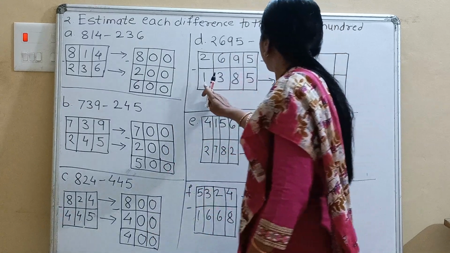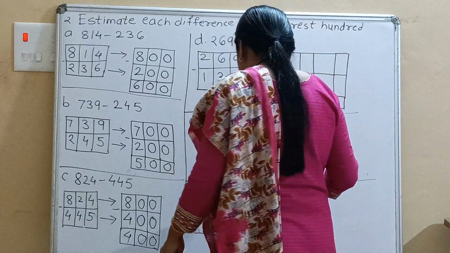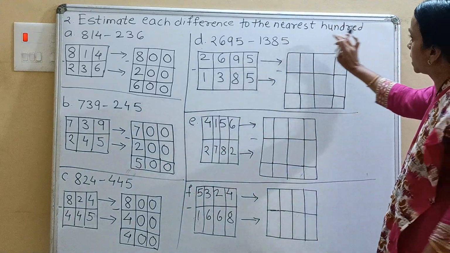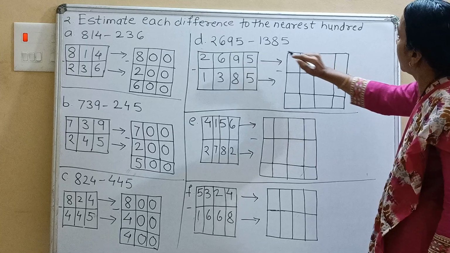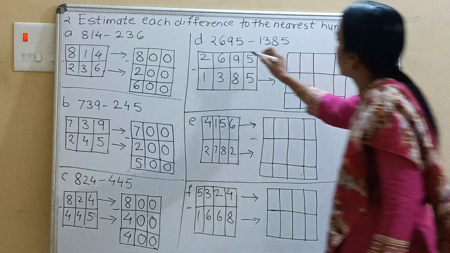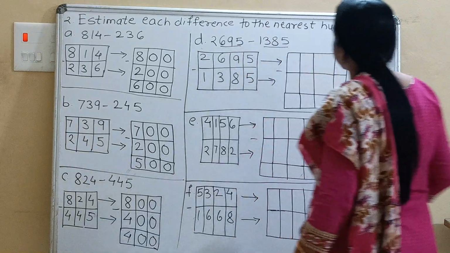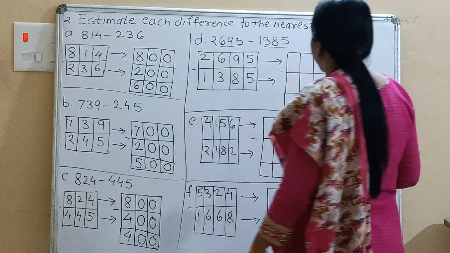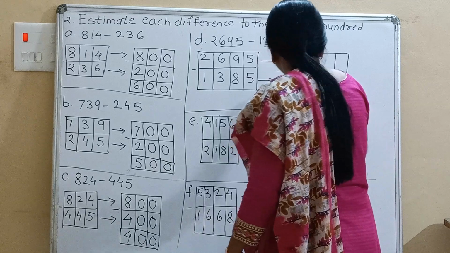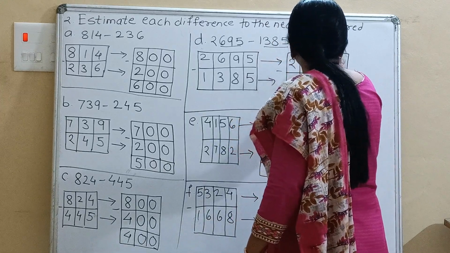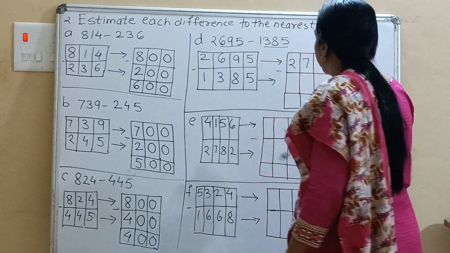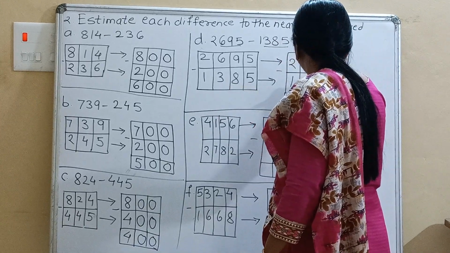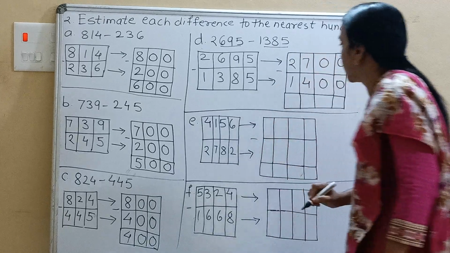2695 minus 1385. Now see here 4 digits are given. 1000 number is given. So we have to think about the 100 numbers. So these 3 digits we have to think about. So 2695 is closer to 2700, and 1385 is closer to 1400.